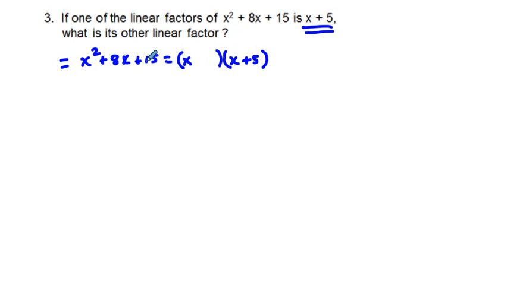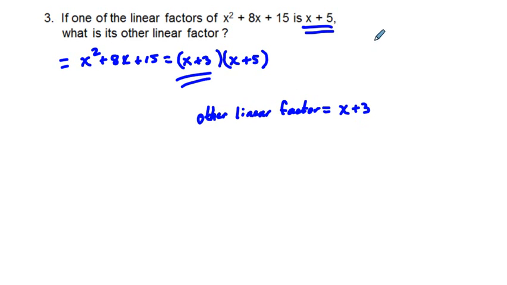And then we have to equal this 15. So what times 5 equals 15? Well, that's going to be plus 3. What this tells us is that our other linear factor is going to be x plus 3.